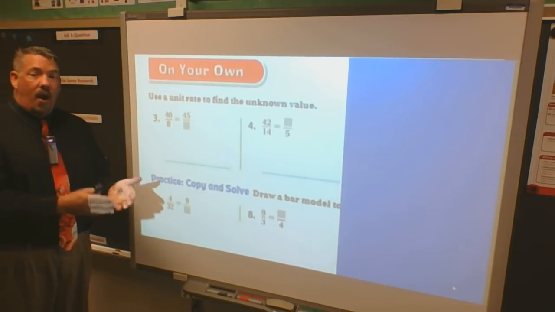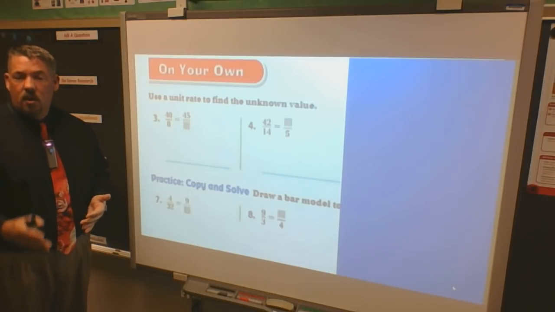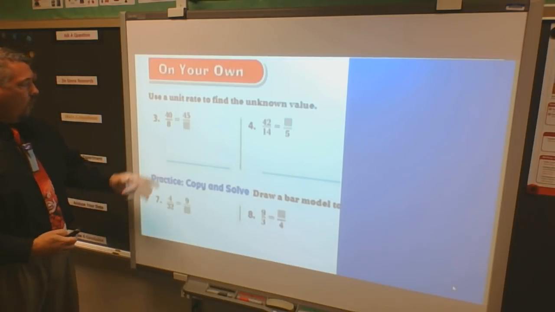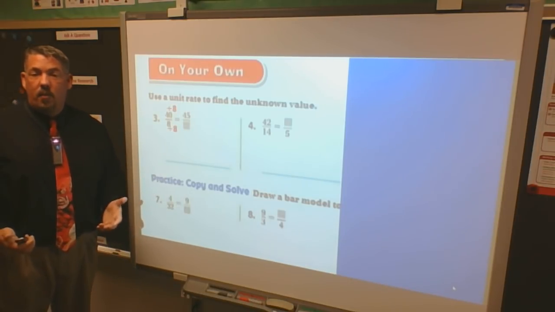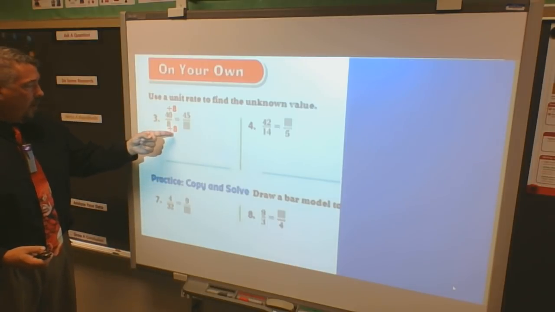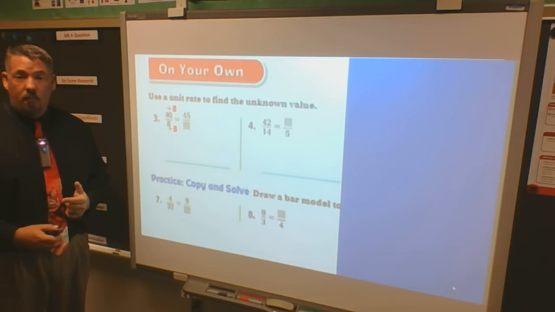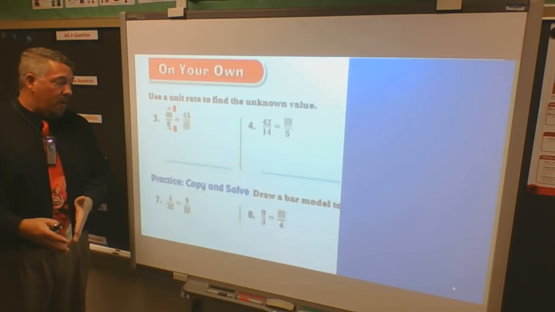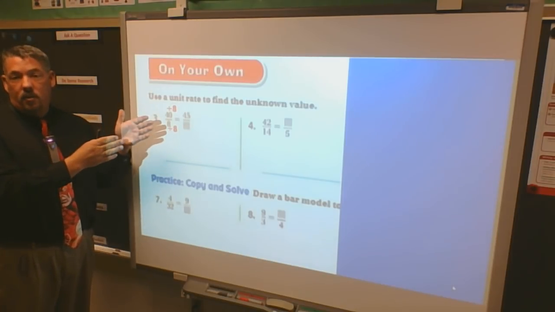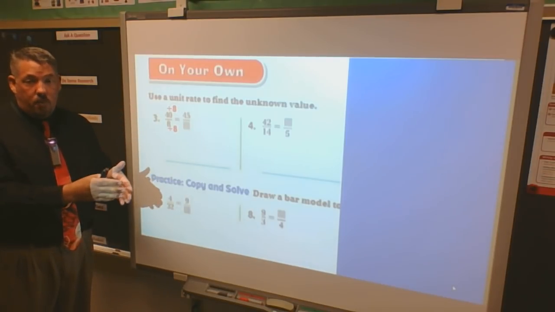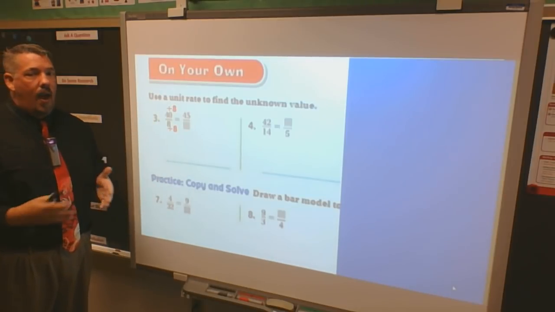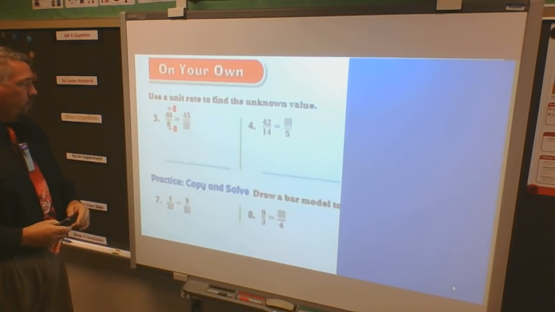So I'm going to take my fraction that I have, and I'm going to reduce it to get my unit rate. Well, I'm always going to reduce by what my denominator is. So I'm going to reduce by 8 and reduce by 8. Remember, if I divide the denominator by something, I have to divide the numerator by something. If I multiply, then I have to multiply. It has to be the same pattern to make them equivalent.